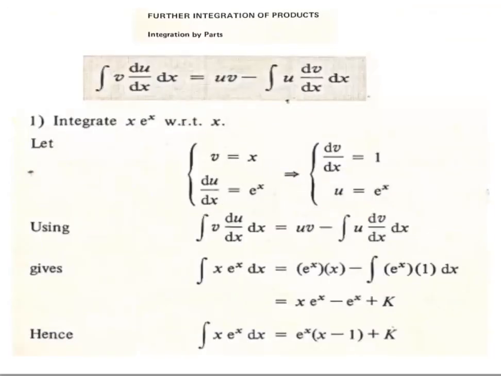Good. This is another method we're turning to now: integration by parts. Some of the products that you will meet will have situations where the function that you have to integrate is very complicated.